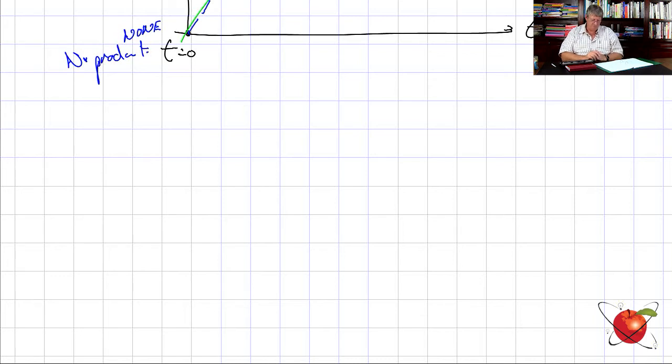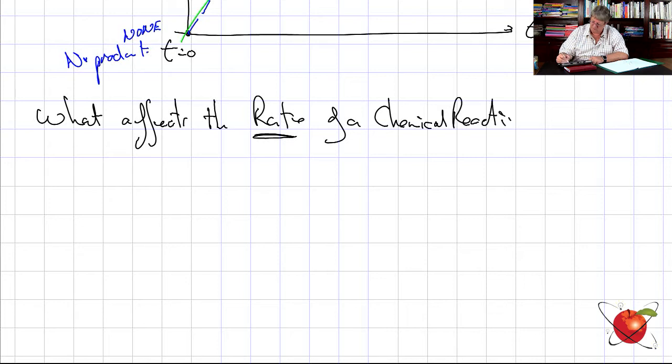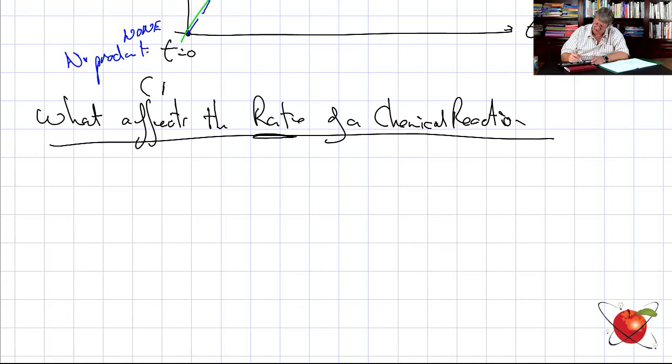Now, let's have a look over here at a few things. The first thing we have to understand is what affects the rate of a chemical reaction. These are the factors that affect the rate of a chemical reaction.